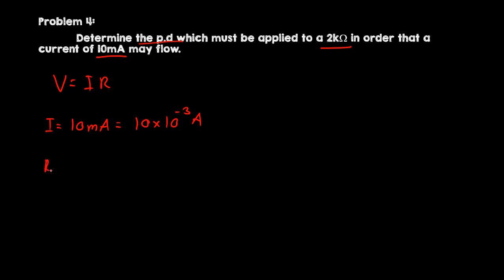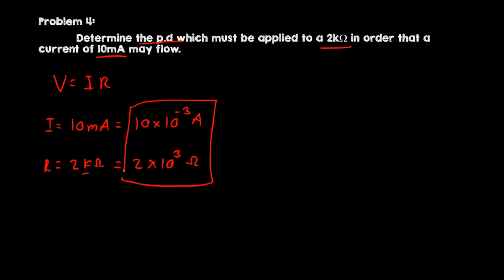And our R is equal to 2 kilo ohms, which is 2 times 10 raised to 3 ohms, since times 10 raised to 3 is kilo. These are the values we will use for the formula.